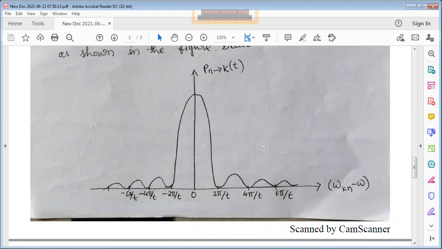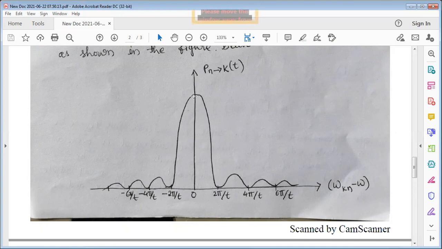That means when ω_kn − ω is equal to 0, the probability of finding the particle becomes maximum, or unity. At this condition, the term e raised to i(ω_kn − ω)t/2 in the above equation goes to unity, as I explained.